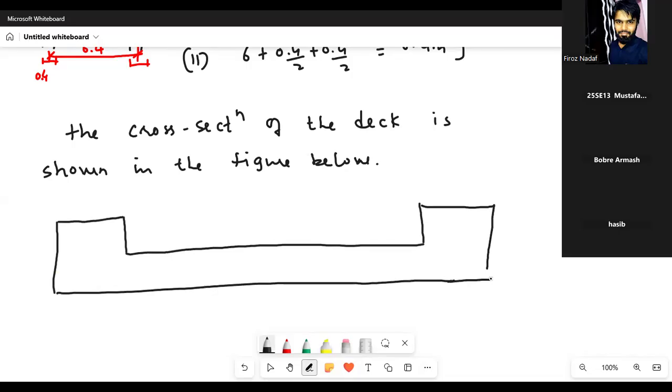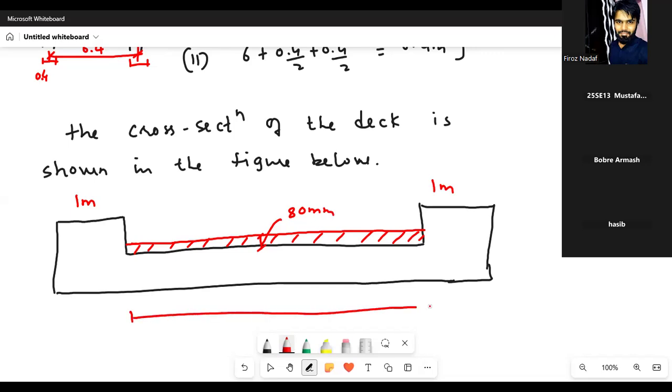They have given 1 meter width of the footpath. Footpath is 1 meter, right? Then above this you have the wearing coat. The dimension of the wearing coat that they have given is 80 mm.